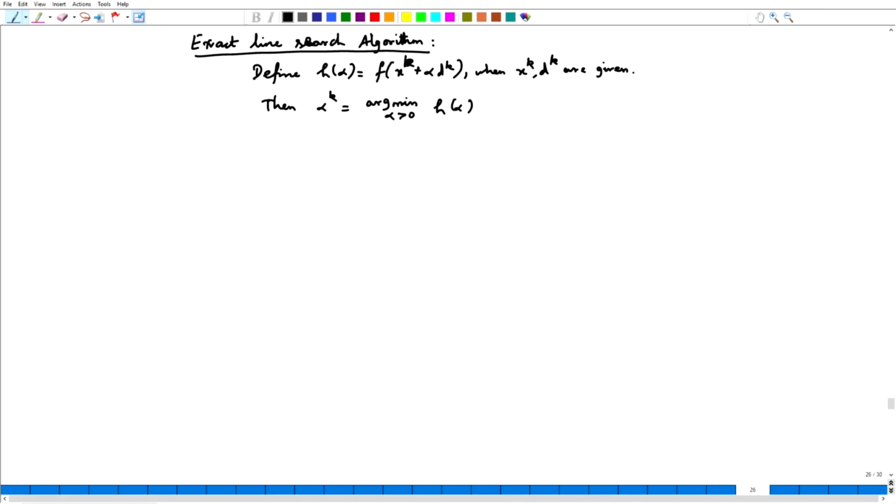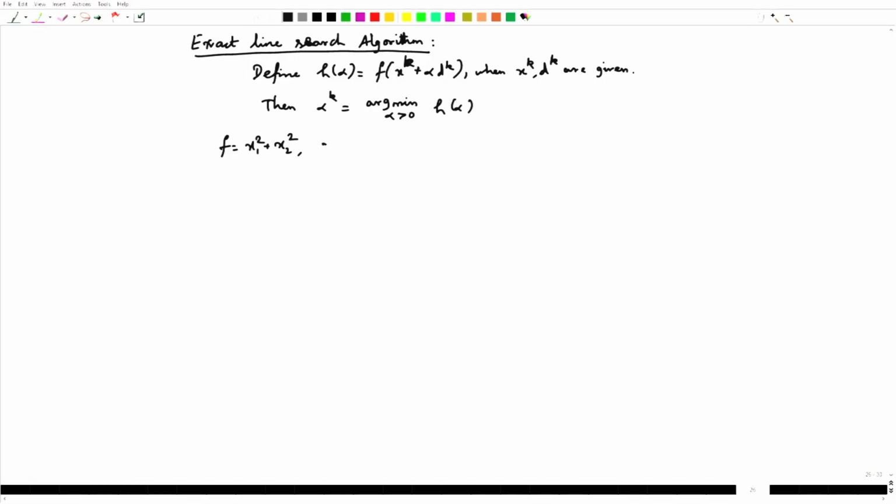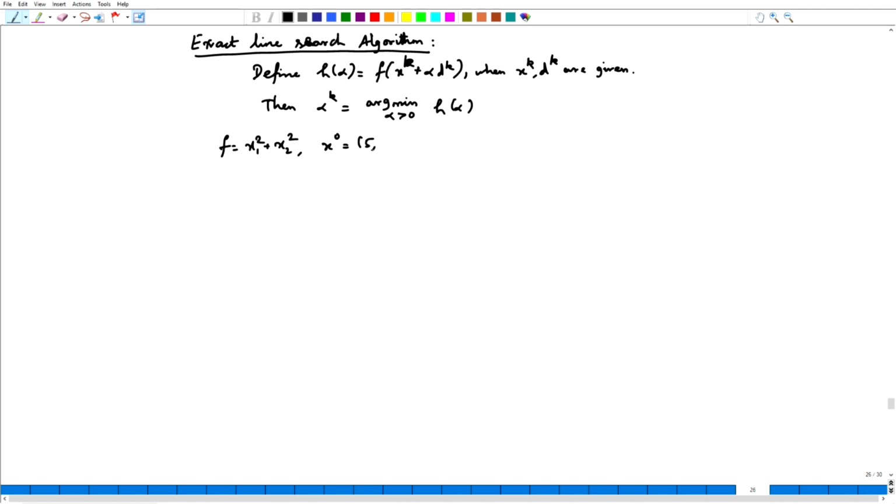Again we will take our usual example, f is x 1 squared plus x 2 squared and x 0 is 5 comma 4 and d 0 is minus 1 comma 1. So, for this what is h of alpha?